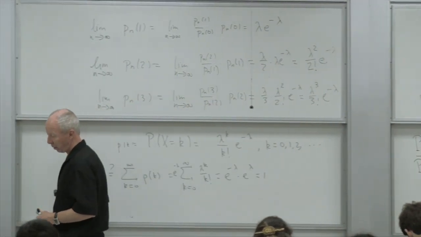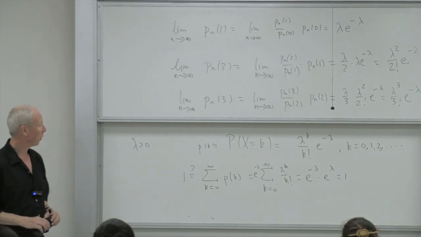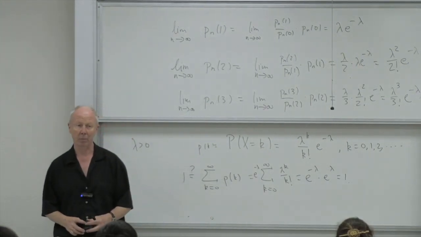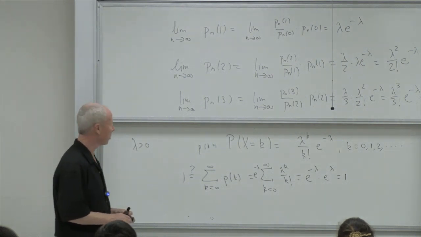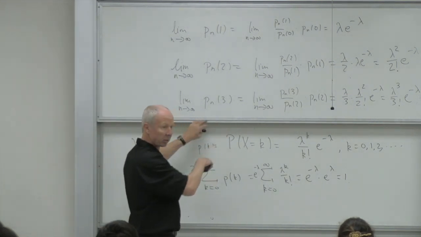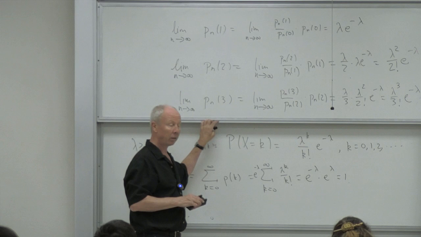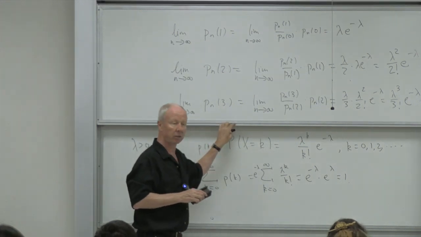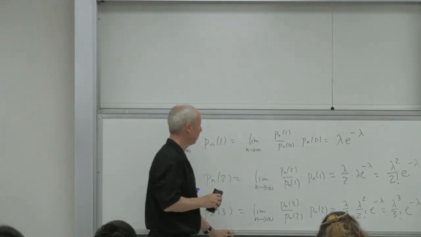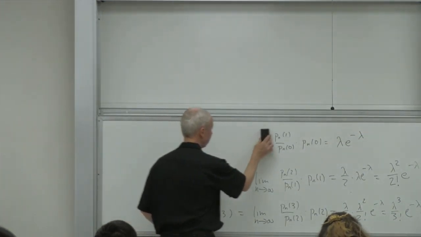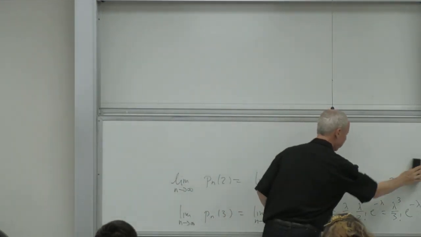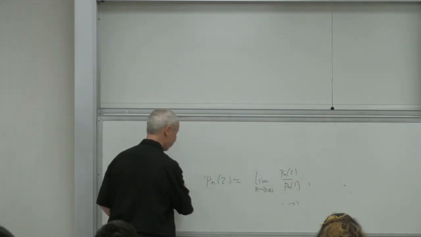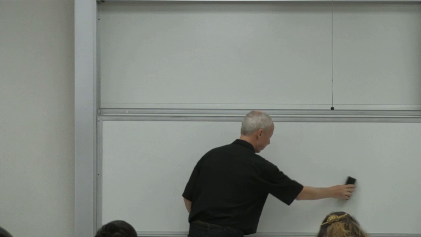Okay, now that's a bunch of examples about discrete random variables. Let's consider some examples of continuous random variables. Any question on this? By the way, what we just did here is called the law of rare events. One of the most fundamental results in probability, along with the central limit theorem, which we'll do later.